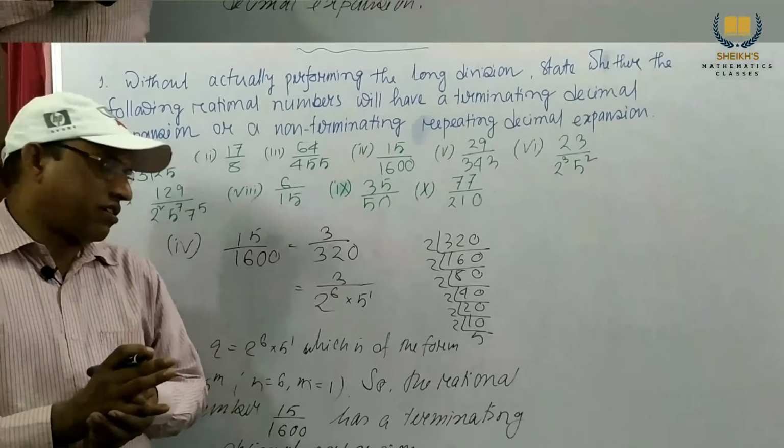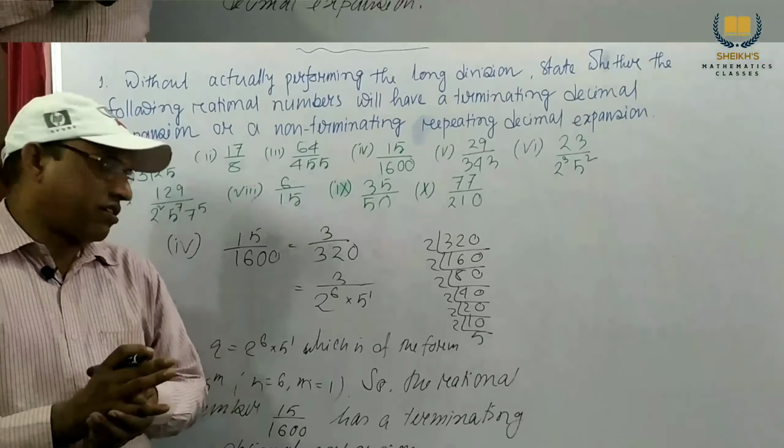So number 5, we consider 29 by 343. This is our number 5. First we take the prime factorization of the denominator. 343 is not divisible by 3, and taking 7: 7 4s are 28, 7 9s are 63, 7 7s are 49.